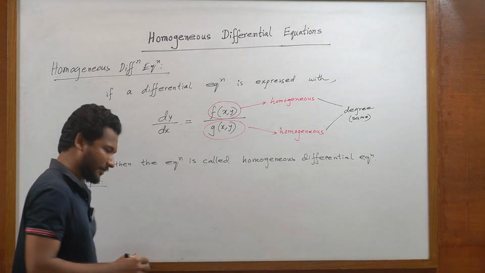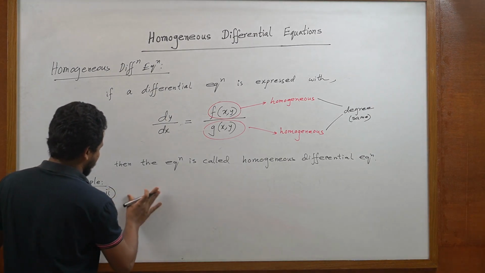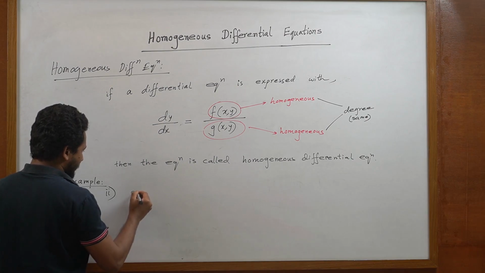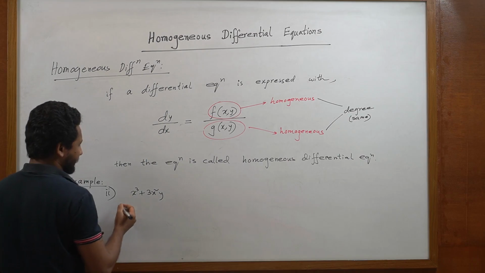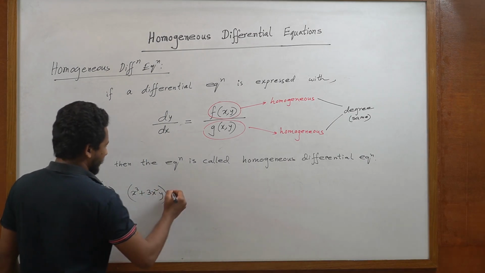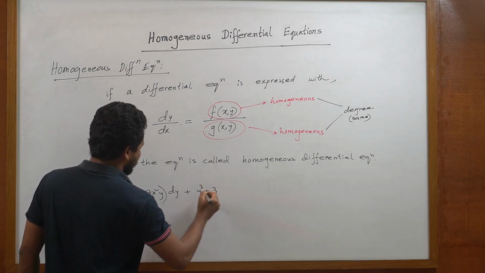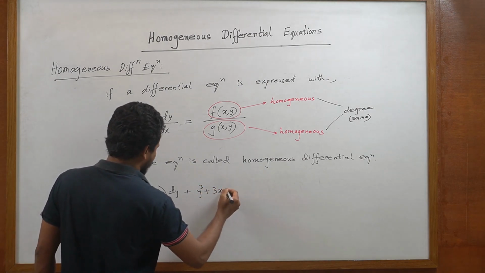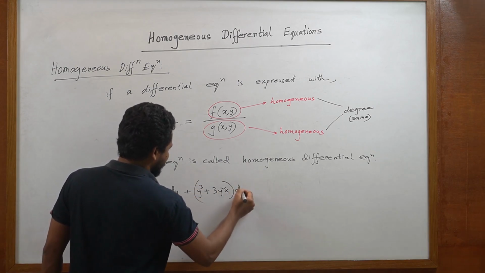Let's take another example. x cube plus 3x square y dy plus y cube plus 3y square x dx equals 0.